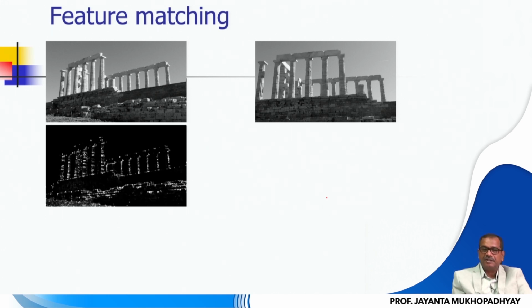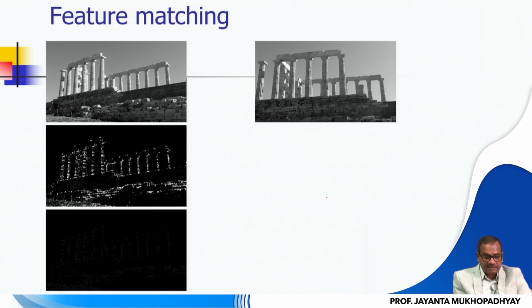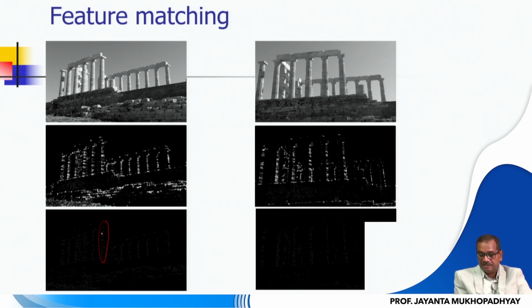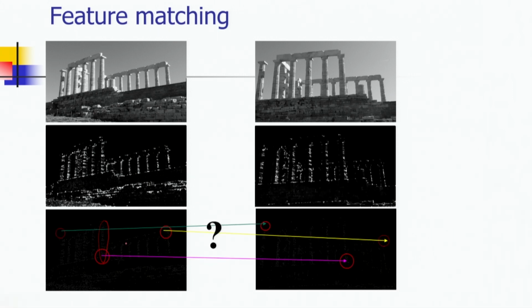We call this task feature matching. The example is something like this. You can see that there are certain key points here. It may not be very visible because these key points are very small, but it is there from the previous case. So how do you establish these correspondences?